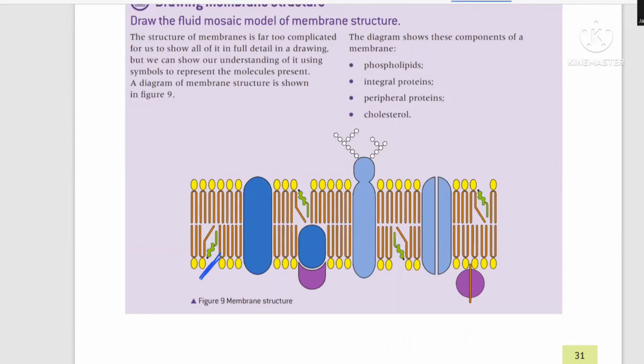It does not allow the membrane to solidify at low temperature and does not allow the membrane to become too fluid at high temperature because of its orientation. If you remember, I focused on it when I was explaining the cell membrane. This is the way the orientation of cholesterol helps in the packing of the phospholipid bilayer. Up till here, clear, beta? Any doubt?